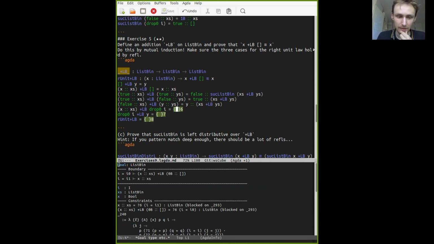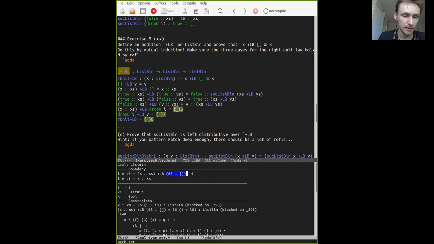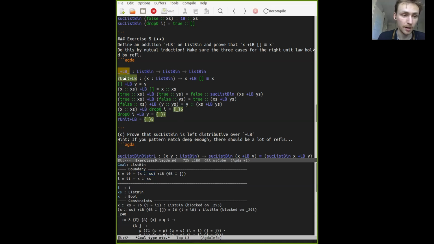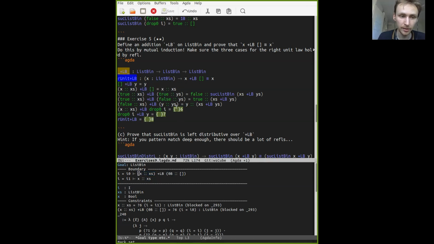And what we want to do here. So for the drop case, we have to prove that xs plus the 0 list, so not the empty list, but the list with the 0 appended, is the same as xs. And here, this should be given to us by our right unit law that we haven't defined yet. So we have to be careful here that we don't get into a loop, but this should be it.